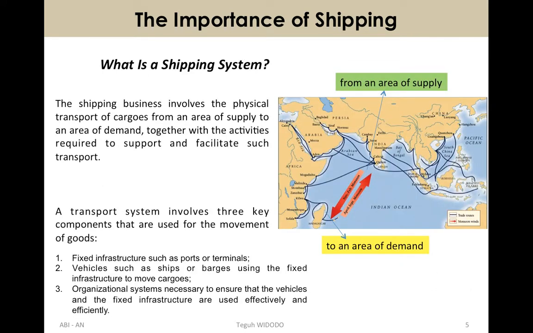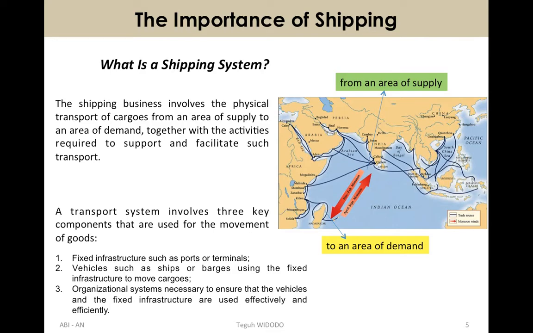And then what is a shipping system? Okay, in this slide, we can look at the map. There is movement of product from an area of supply to an area of demand. The shipping business involves the physical transport of cargo from an area of supply to an area of demand, together with the activities required to support and facilitate such transport.